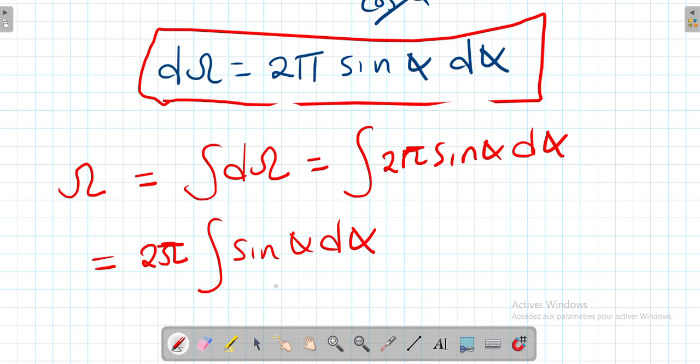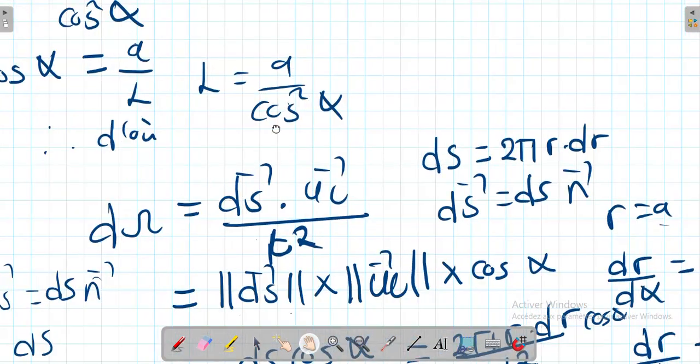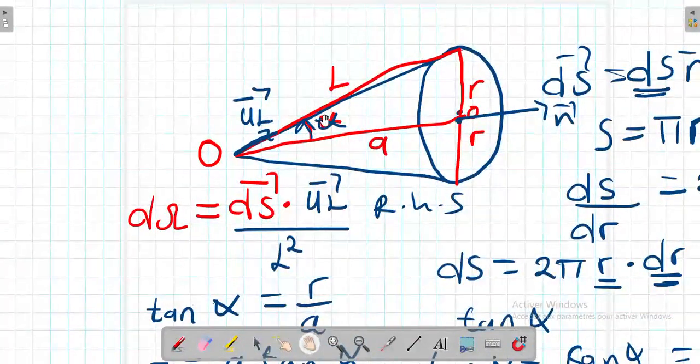So alpha is an angle that varies from 0. Now, this second question hasn't specified the exact value, because we've expressed omega as a function of alpha, so it will depend on alpha. To remind you what alpha is, this is alpha. This angle varies from 0 to 180.